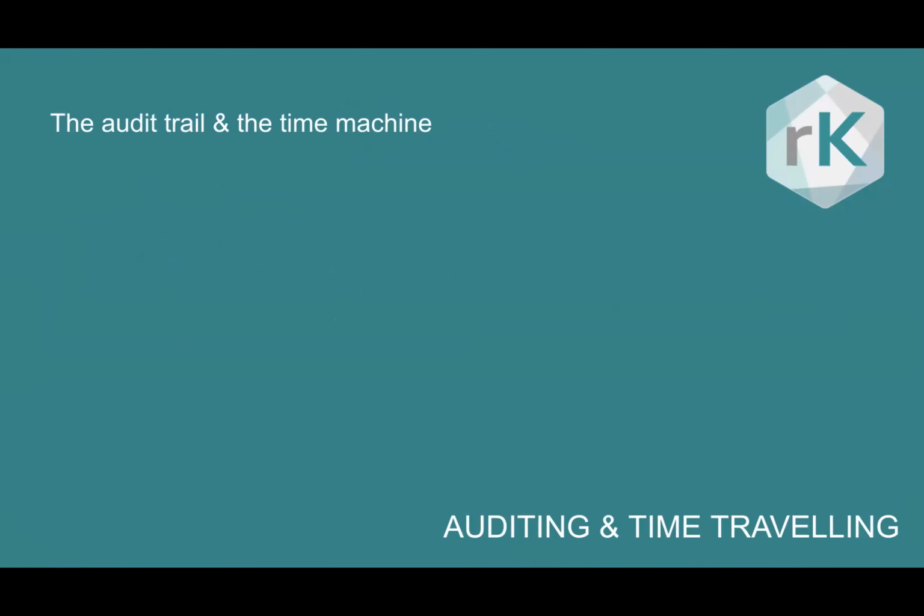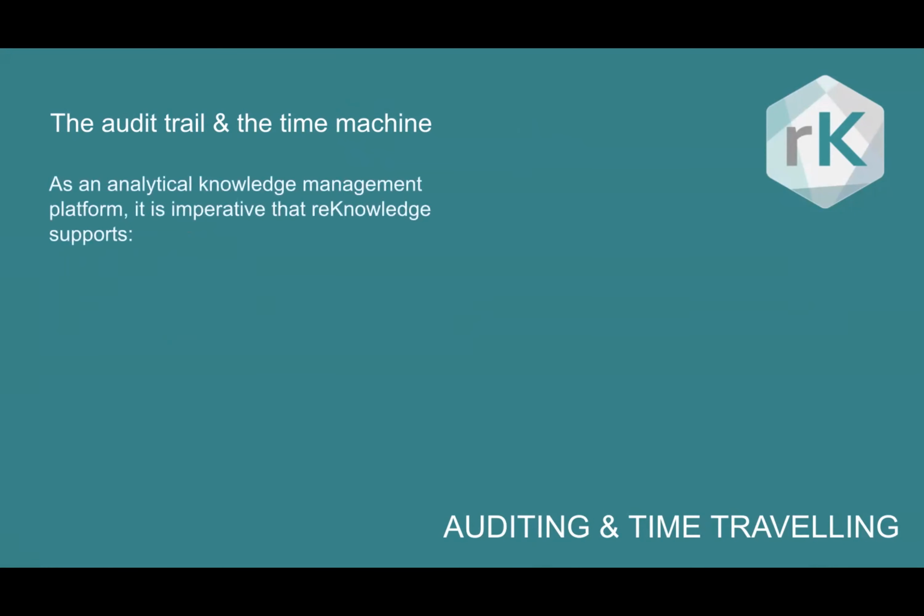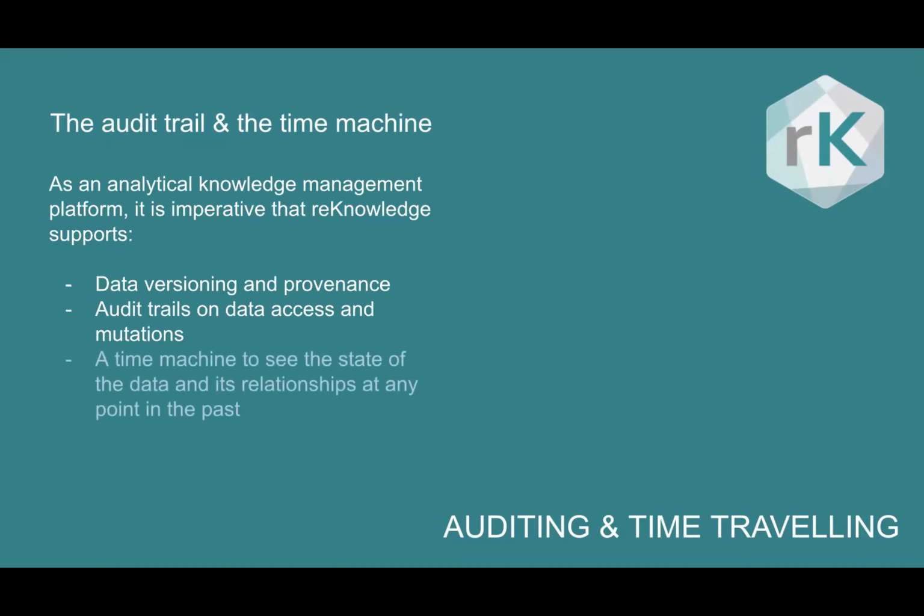We mentioned as well that a critical part of reKnowledge is to have full visibility for our customers on the audit trail and the time machine that allows us to travel back and forth in the different business time snapshots. So it is imperative that we support data versioning and provenance, that we make it very easy to visualize and understand audit trails on data access and data operations.